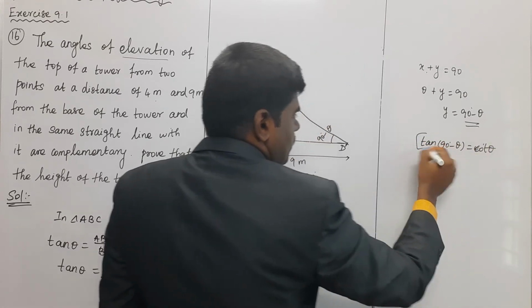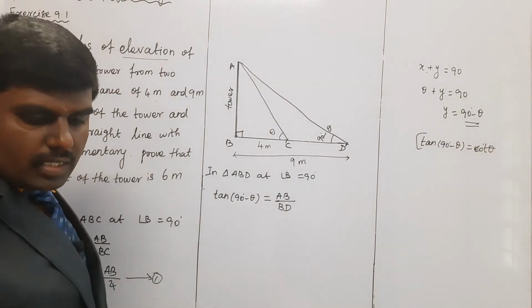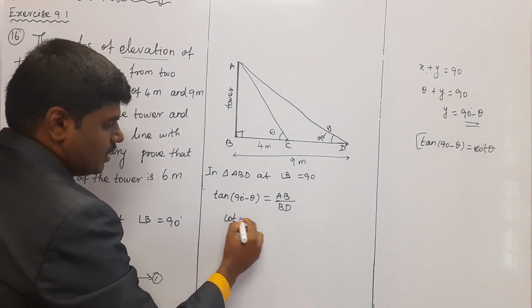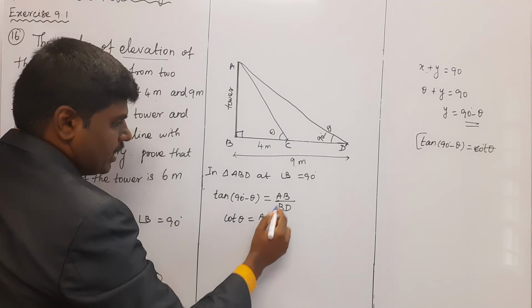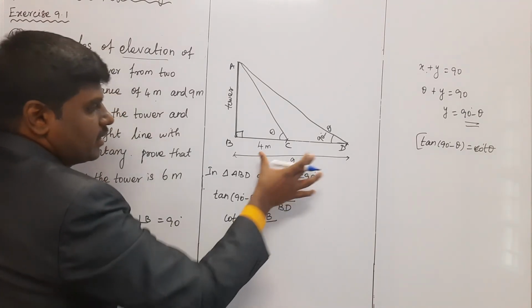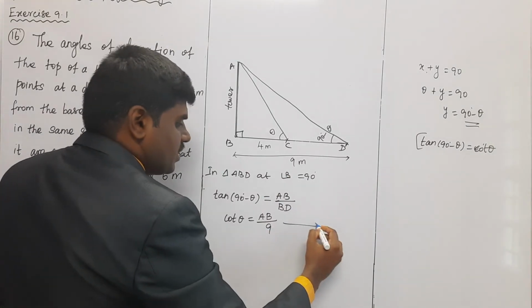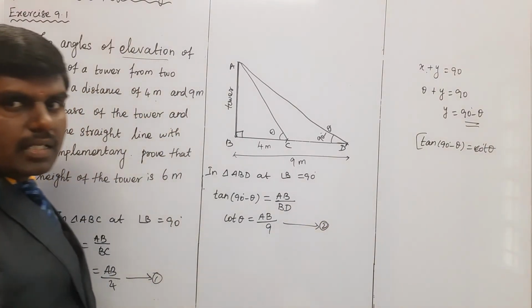So cot theta is equal to AB by BD, where the total distance is 9. Assume that this is equation 2.